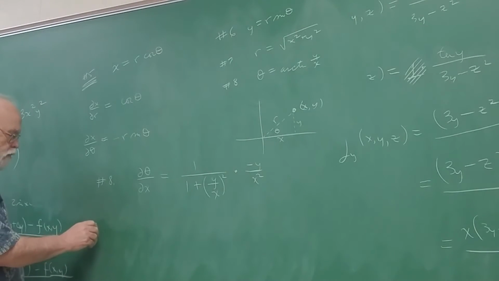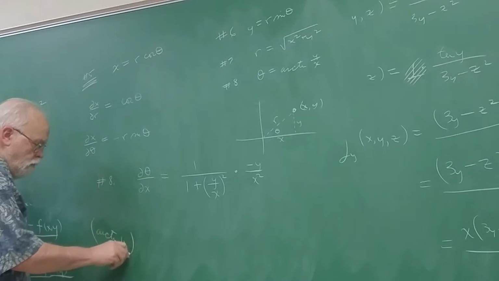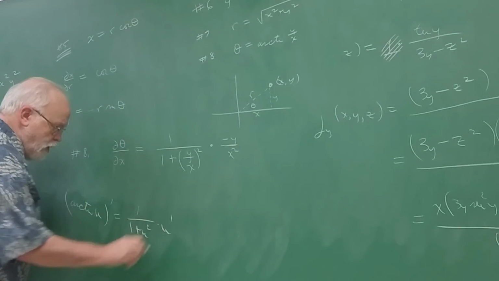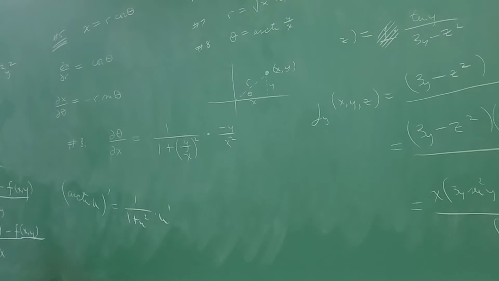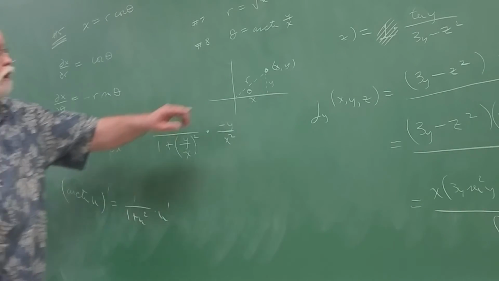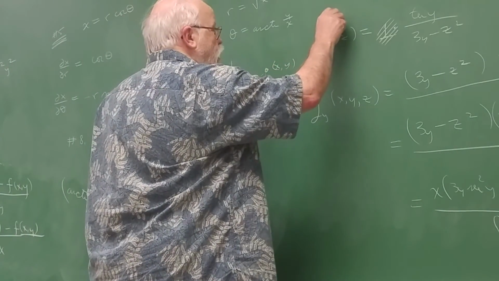So what's going on here, if I have arctangent of u, I get 1 over 1 plus u squared times u prime. And so when he looked at the u prime here, he said, oh, that's a negative, that's y times x to the negative 1.